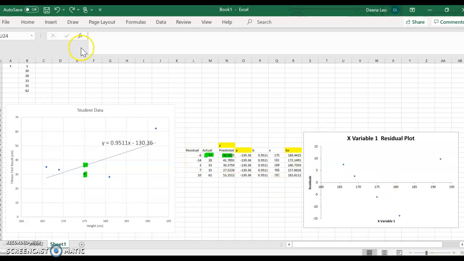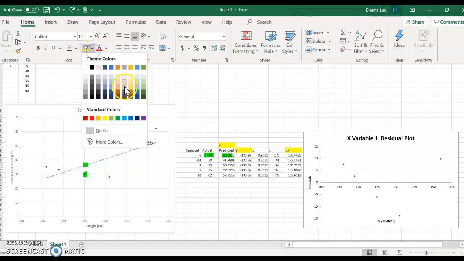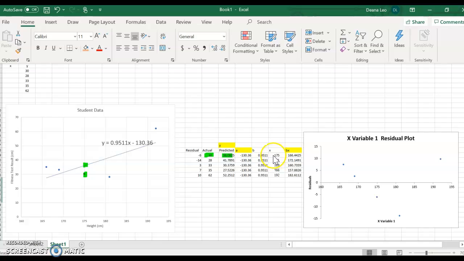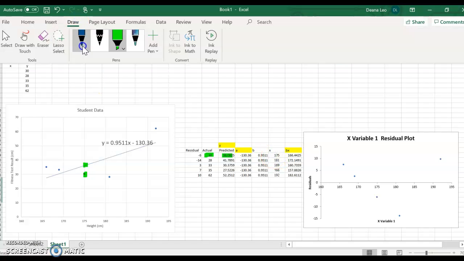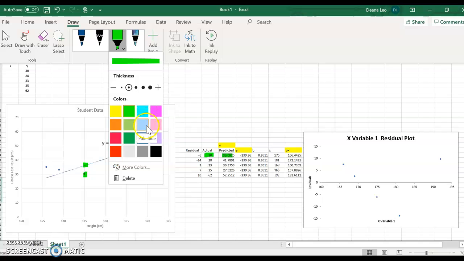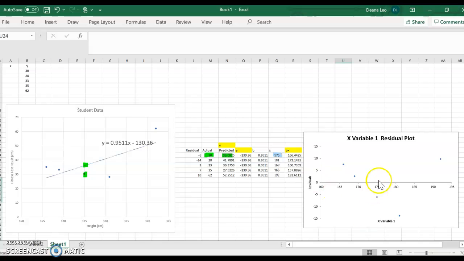So how that links up with your graph over here is, let's look for someone who is 175 centimeters tall. Remember the X was our height, and our horizontal line here is our X values. So this is someone here who is 175 centimeters high.